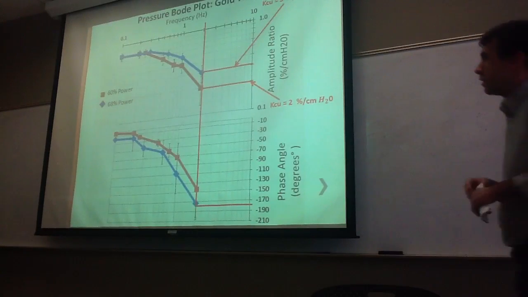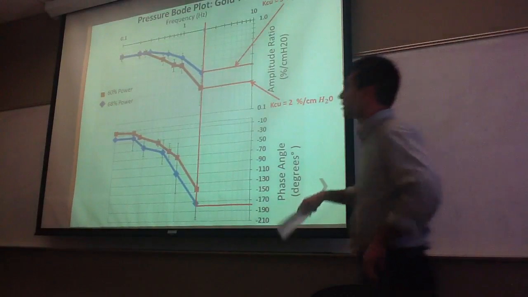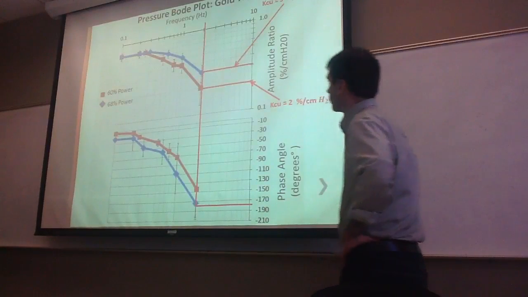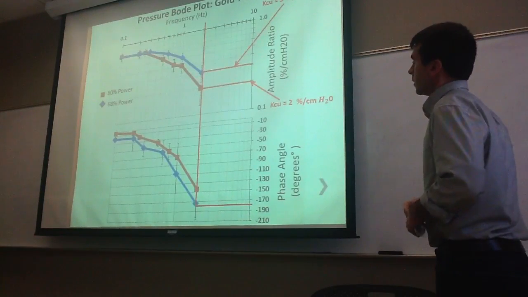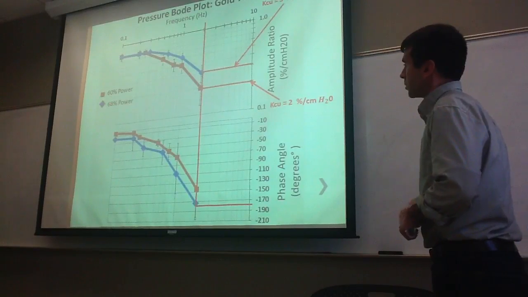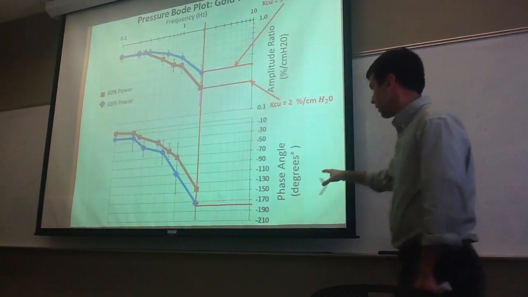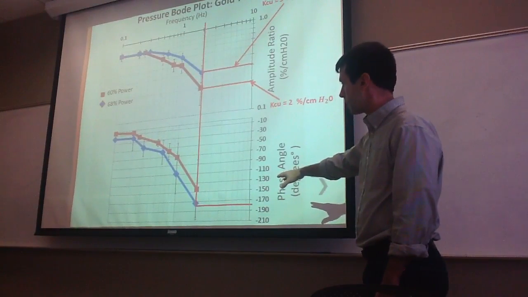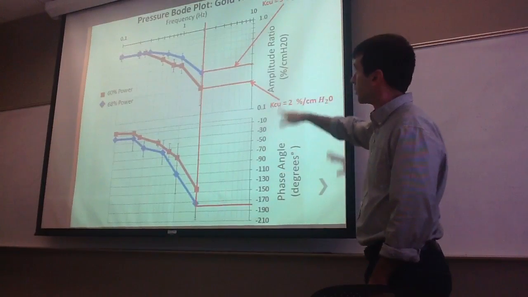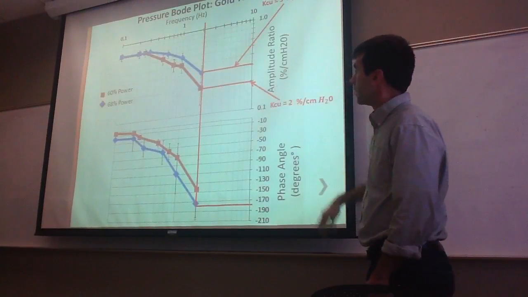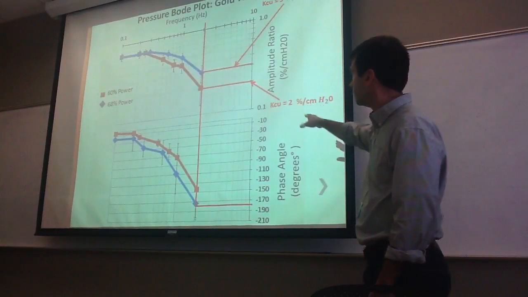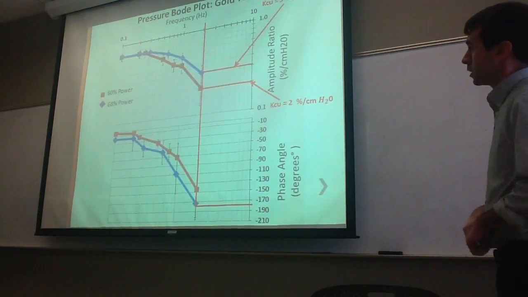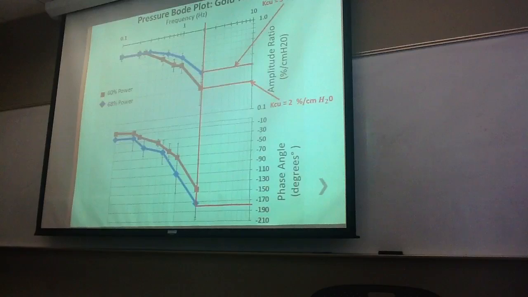And here on this slide, well, first of all, this blue is 80% power, red is 60% power, and the ultimate gain was found using the phase angle diagram here. We looked over at 180 degrees, and then drew a vertical line straight up, and where it meets the amplitude ratio lines, we found 2 and 3 centimeters of water per percent for the two powers.